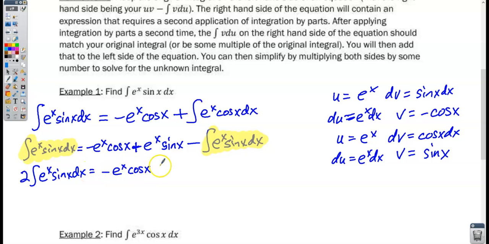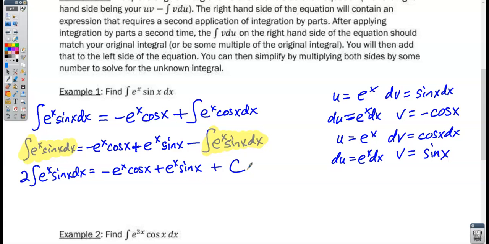When I move that integral over to the left-hand side, I need to introduce my constant of integration here, since my constant of integration happens whenever I'm done taking all the integrals in a problem. By moving that over, I'm done taking integrals on my right-hand side, so I introduce the constant of integration.